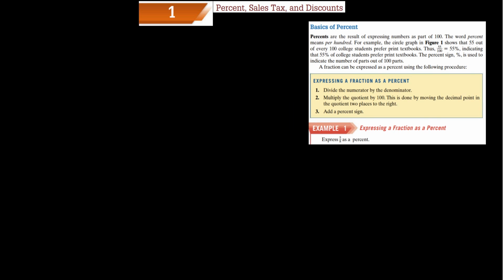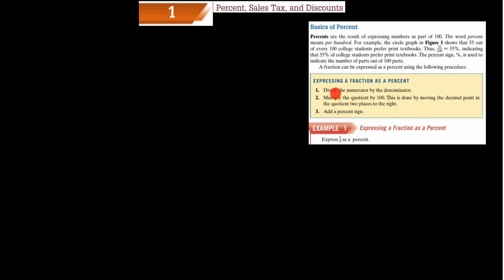Let's talk about percents. The Latin per means per, and cent is 100. So the word percent means per 100. If I want to find a percent, we have our little step-by-step algorithm here. But once you do it enough, you don't go step one, step two, step three.